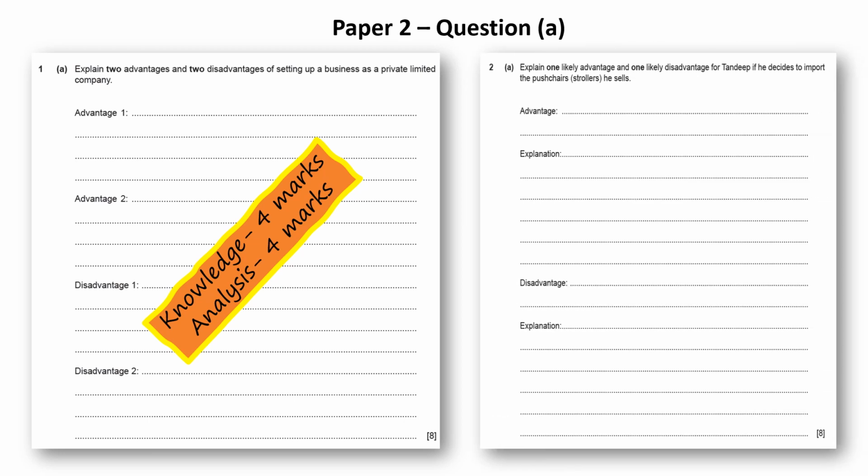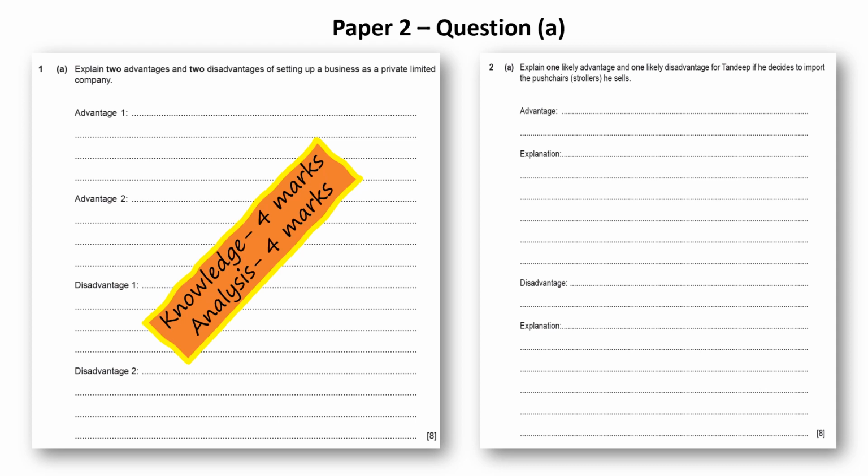The second type of question, again, part A: explain one likely advantage and one likely disadvantage for Tandip if he decides to import the push chairs he sells. Okay, this type of question is one advantage and one disadvantage only.